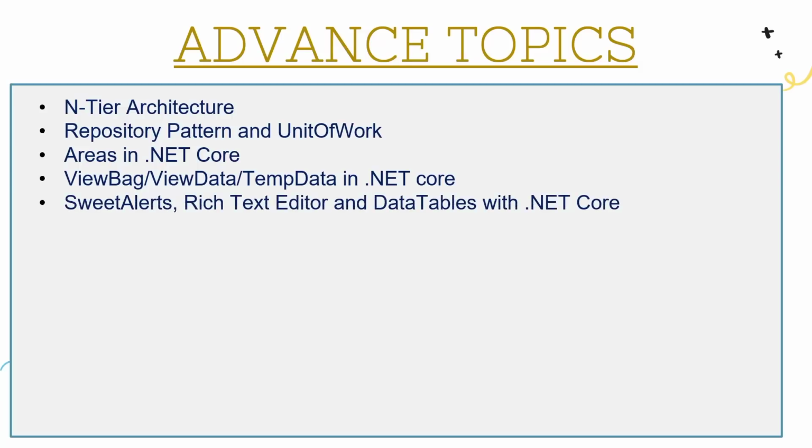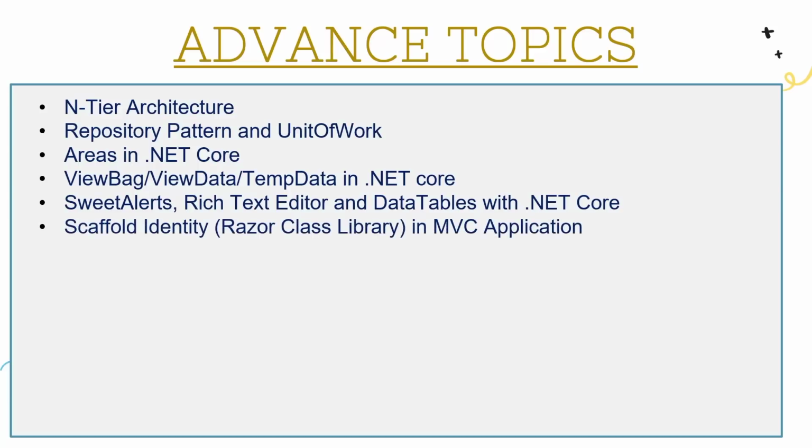Next, we will use SweetAlerts, rich text editor, data tables with .NET Core and API calls. With any application, authentication and authorization plays a very important role. And the .NET team has given us the Razor class library, which is Identity in the .NET world.